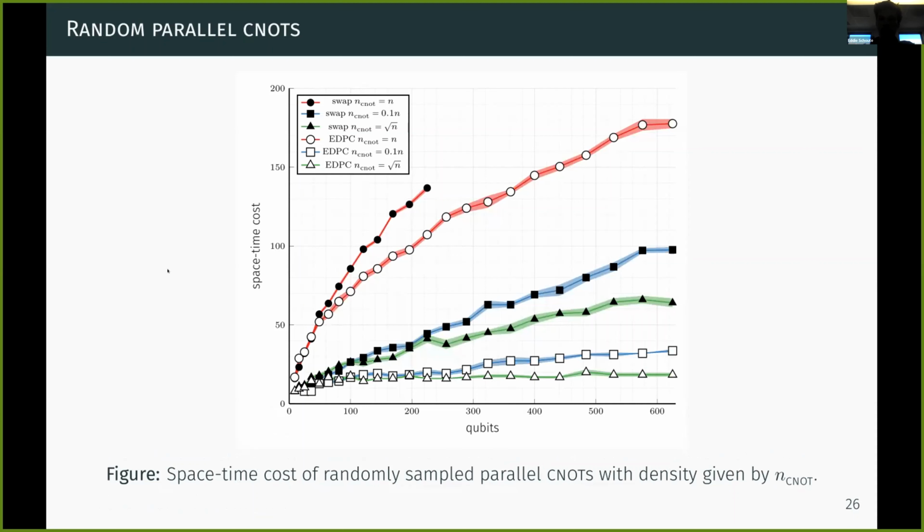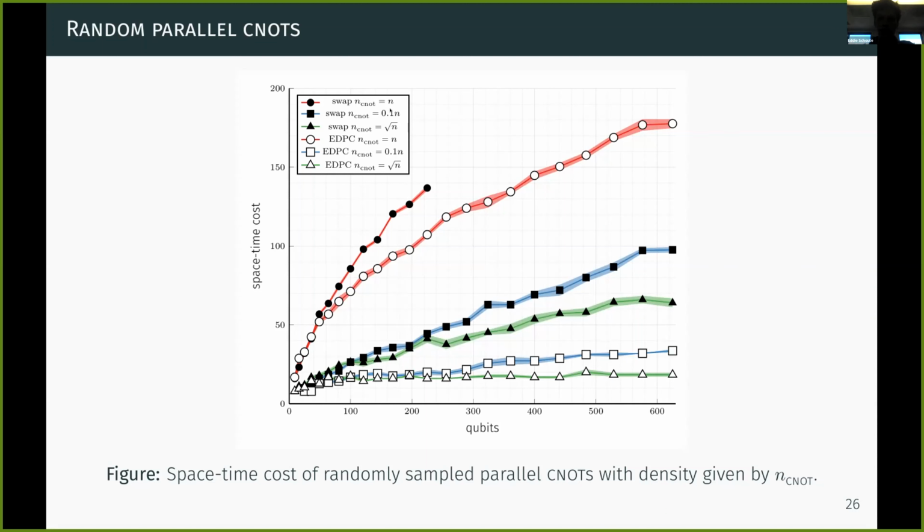So if we have a set of parallel CNOTs that we sample at random, then we plot some of our benchmarks here for various densities of these parallel CNOT circuits. The density here is given by this n CNOT parameter, by which we mean that if n CNOT equals n, then we have n qubits involved in performing a CNOT.